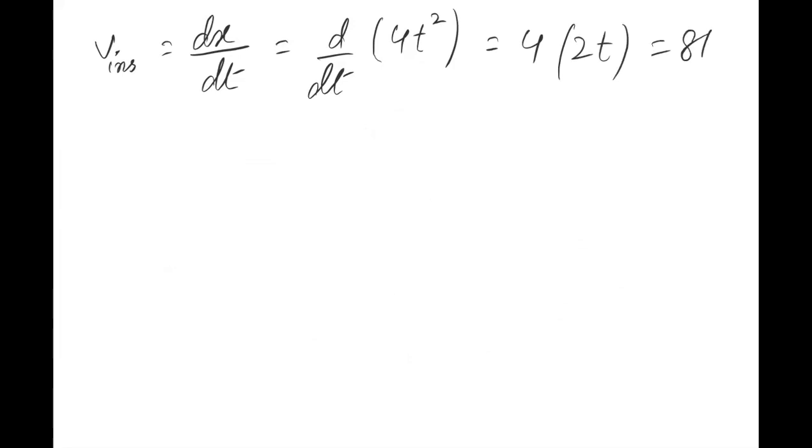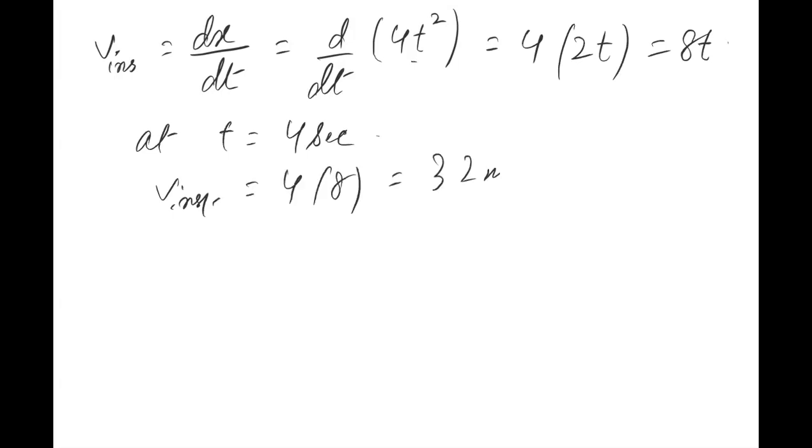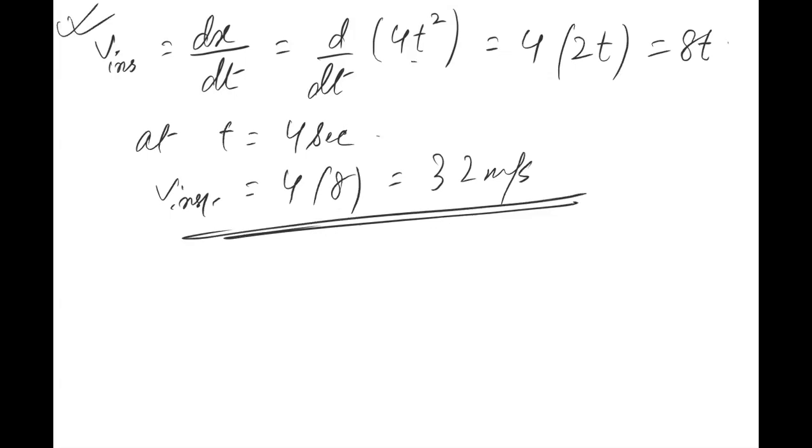Hence it will be 8t. And at what value of time do we have to find the instantaneous value? At t equal to 4 seconds. So put the value of t as 4. So v instantaneous will become equal to how much? 8 into 4 is equal to 32 meter per second. Everyone has understood when to apply that formula and when to apply this differentiation. Is it clear to all?